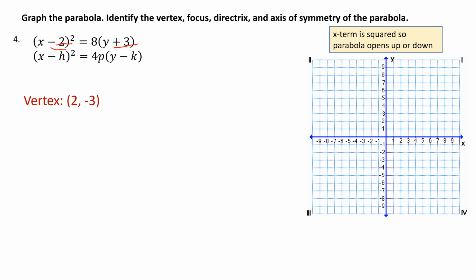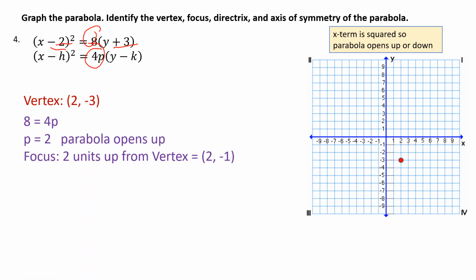So the vertex is (2, -3). Again, this number right here, 8, is equal to 4P. That means P is 2, and it's positive. That means the parabola opens up.